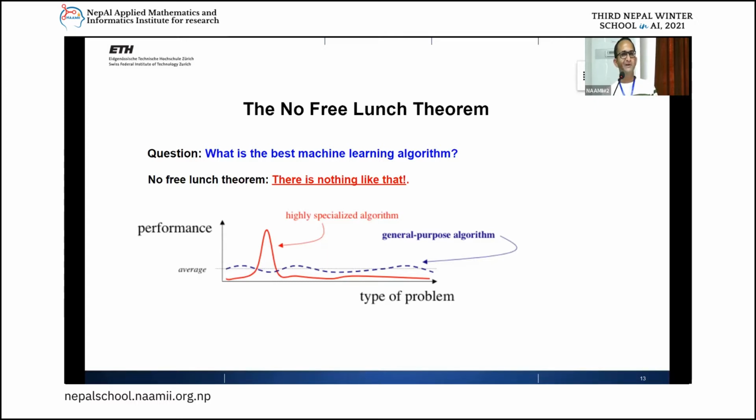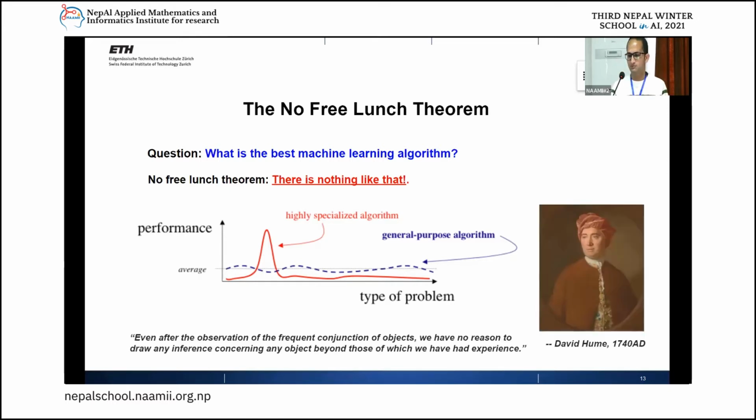But on the other hand, we know from experience that things can be learned, and in many senses they are learned domain-specifically. The philosopher David Hume, in the 18th century, one of the biggest names in philosophy during the Enlightenment, already knew the no free lunch theorem. He said that even after the observation of the frequent conjunction of objects, we have no reason to draw any inference concerning any object beyond those of which we have had experience.